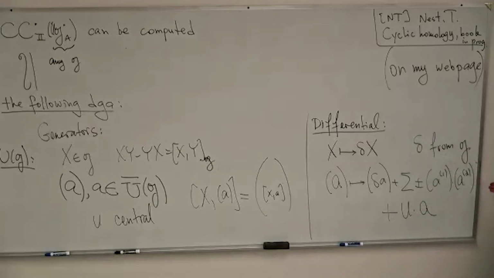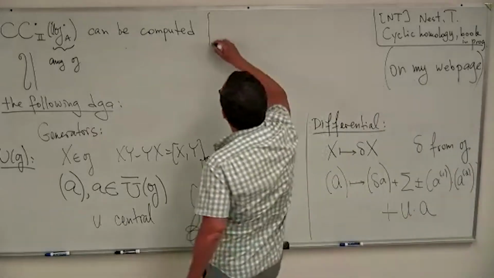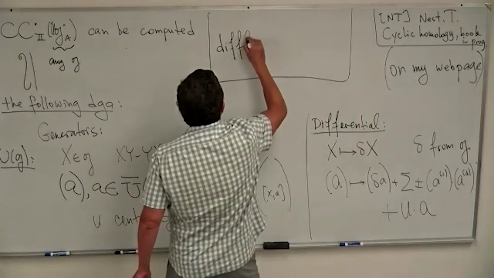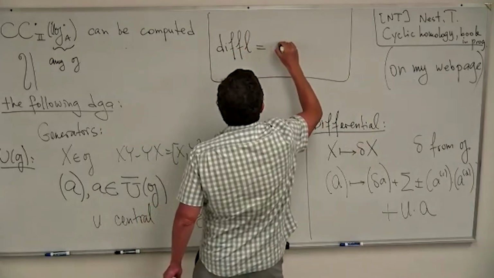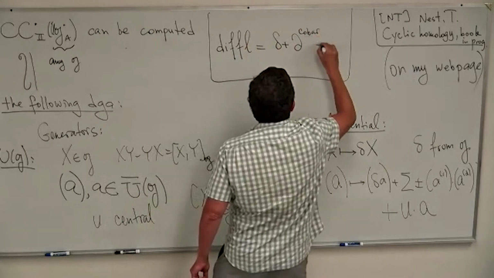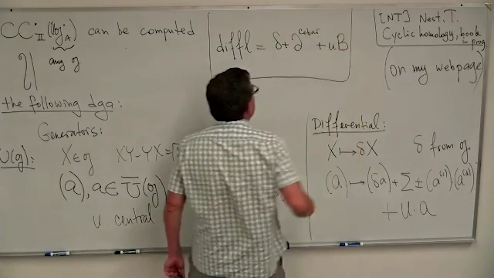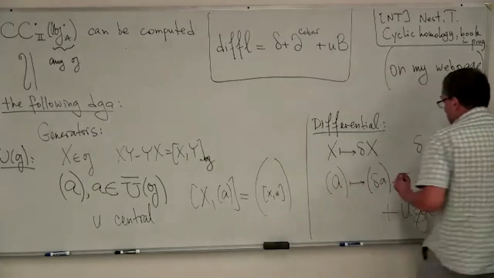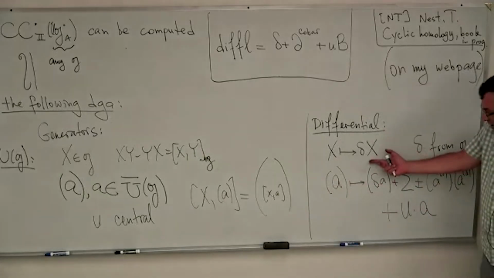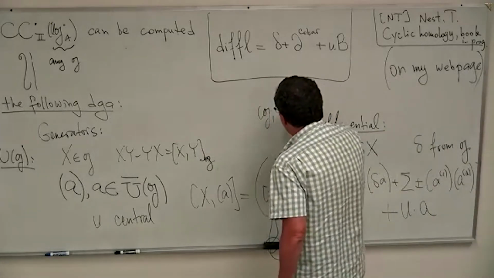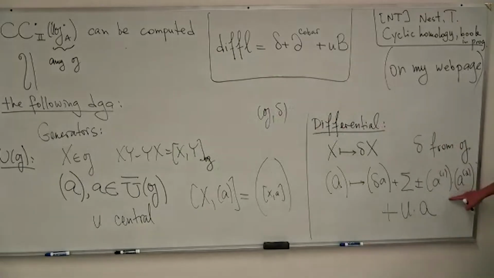And here it is. So there are three components, and two are kind of obvious. One comes from the differential present in the differential graded Lie algebra G. The other is the co-bar differential.